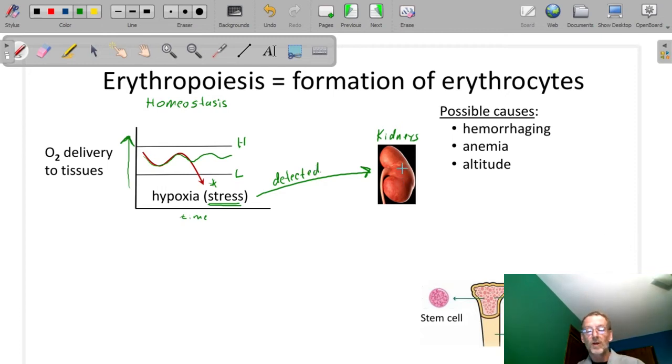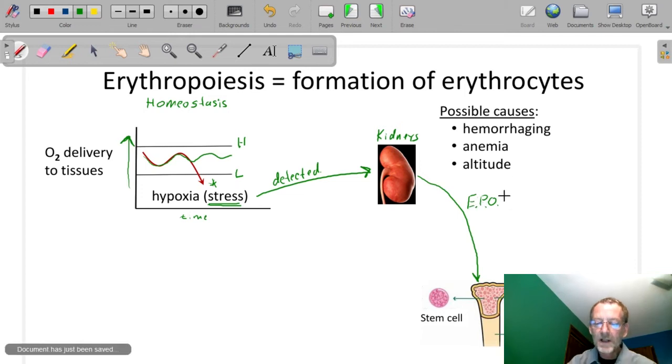It's about 20% of cardiac output flows through the kidneys. And the kidneys are monitoring the amount of oxygen in the blood. And when it goes low, such as with hypoxia, the kidneys detect that. And then the kidneys will release a hormone that's abbreviated as EPO. And EPO stands for erythropoietin.